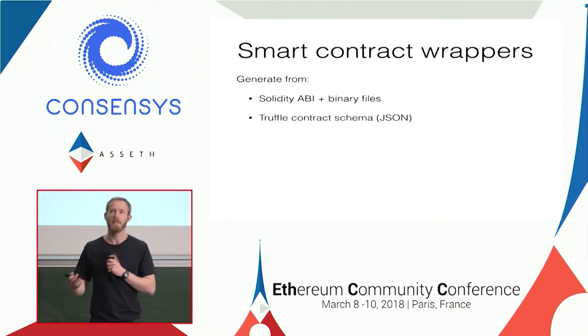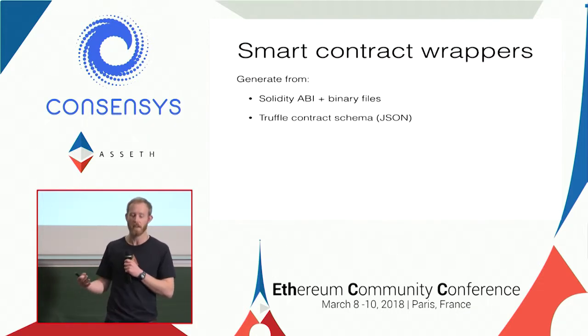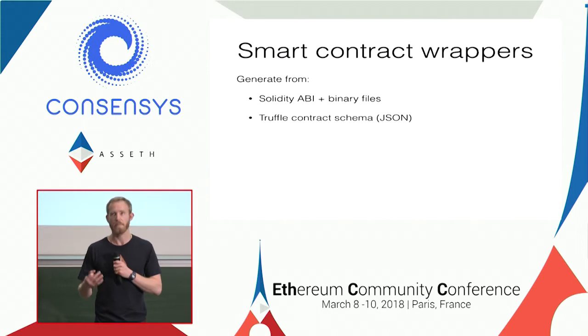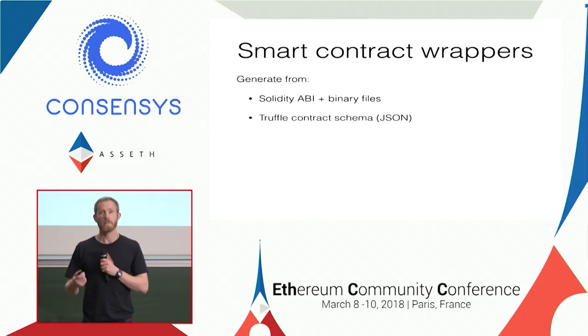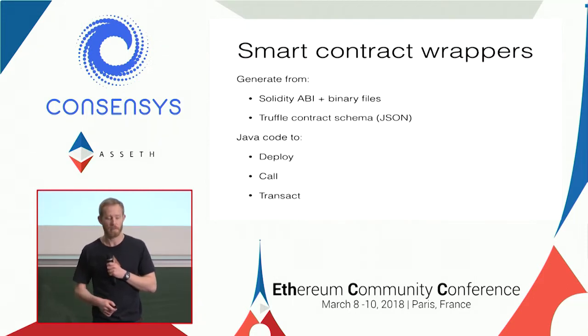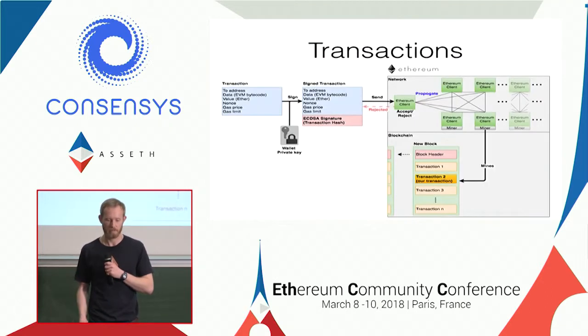The binary files are the EVM instructions that need to be executed to push the smart contract onto the EVM. And then the ABI files are your sort of point references to methods on the smart contracts. You can also, as I mentioned earlier on, work with Truffle schema files as well. So if you're using Truffle there, it's a very similar process. And so then you get your Java code to deploy, call, and transact with smart contracts.